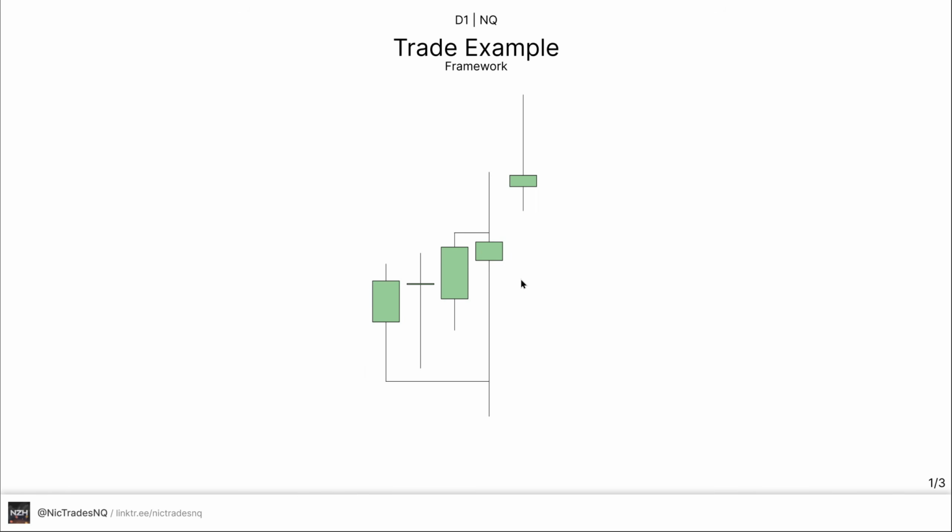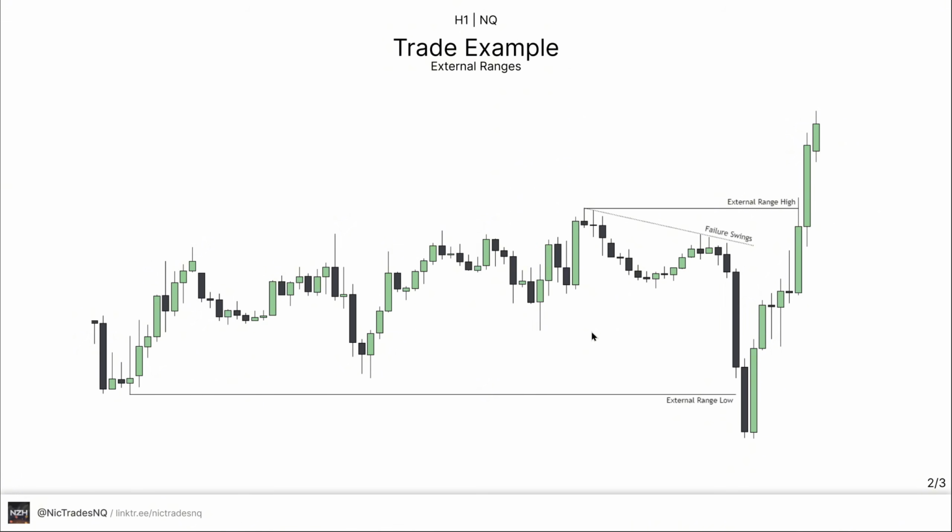And I'm gonna talk about this second example, also on NQ, which this is the daily. It's a bit more messy, but I'm gonna show you how I approach it. So going into the hourly, we can see that we have clear failure swings here, down at the lows, right? Failing to manipulate the low here, and then more lows here.